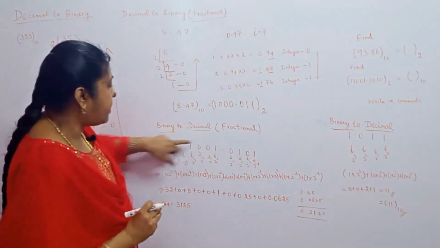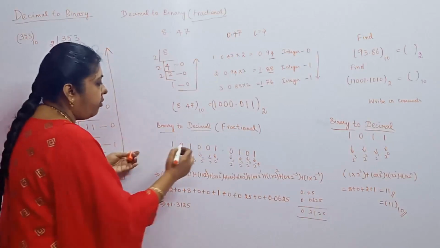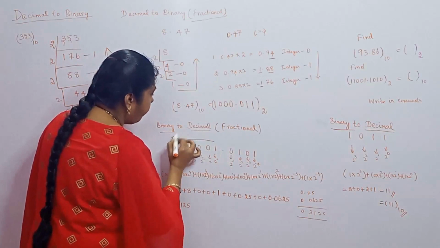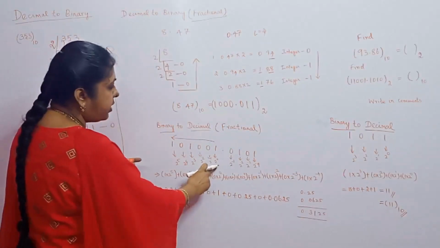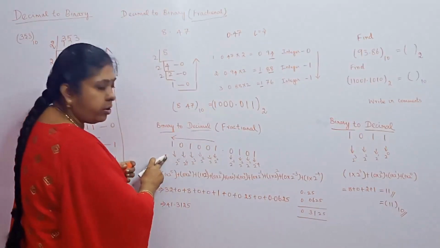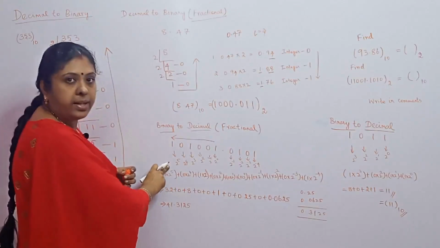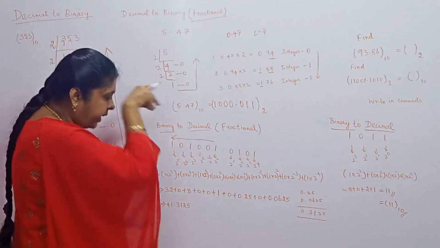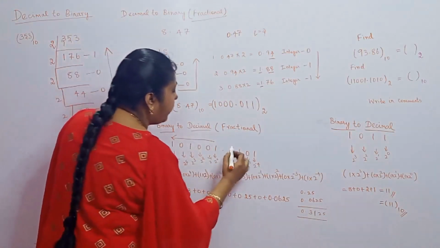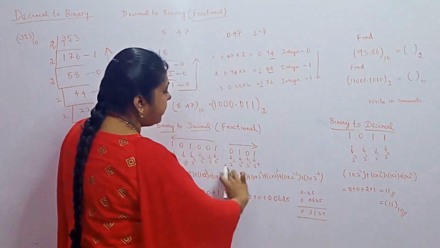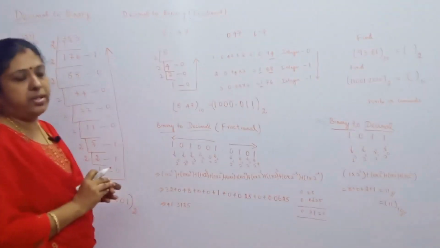We are going to write starting from 2 power 0, and the powers are going to increase till the last digit, that is the MSB. And after the decimal point, the powers will keep on increasing, but as negative powers.